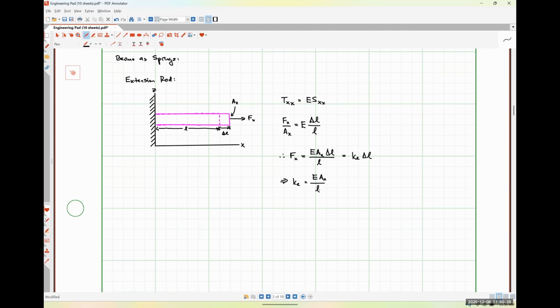So that's going to tell me how stiff my spring is, dependent on the material by Young's modulus and its geometry, cross-sectional area, as well as length. Okay. So in order for us to get a large displacement out of an extension rod spring, okay, we need it to be a relatively soft spring.